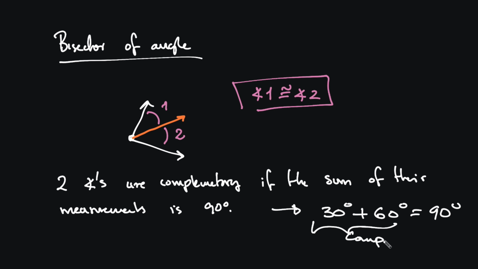All right. What about if we have, I don't know, 70 degrees, angle 1. What if the measurement of angle 1 is 70 degrees and the measurement of angle 2 is 110 degrees?